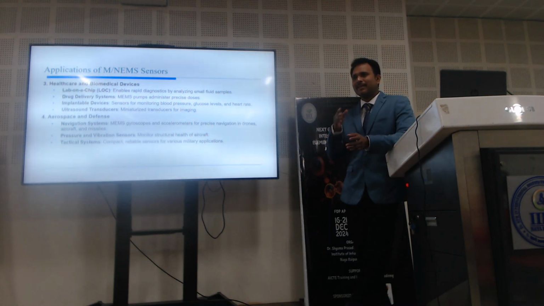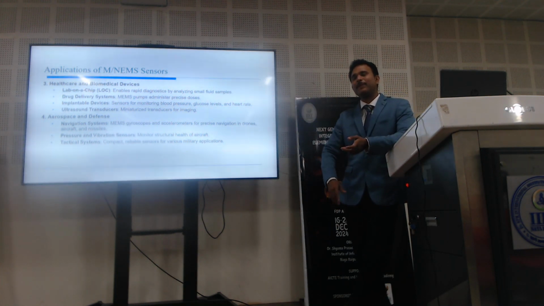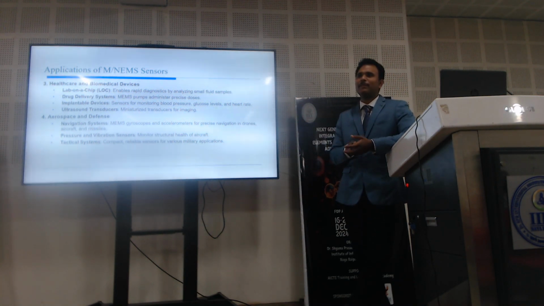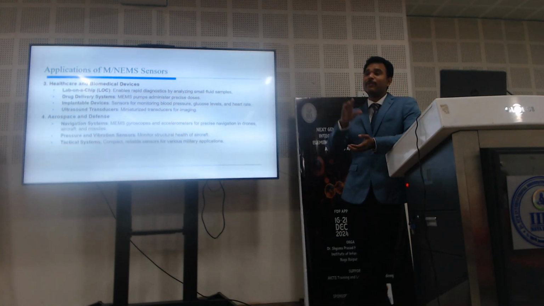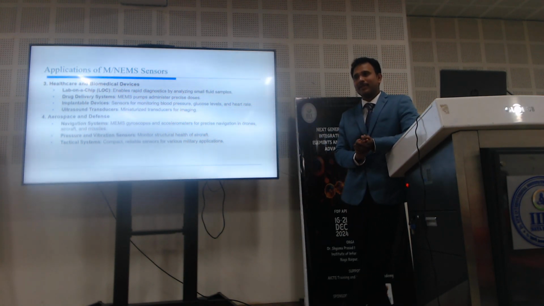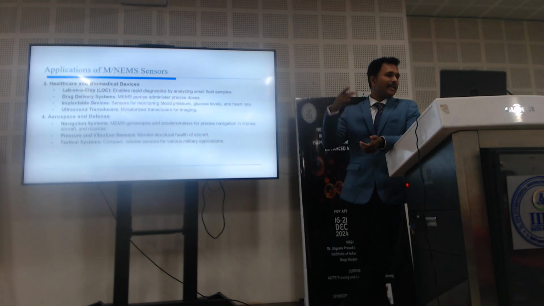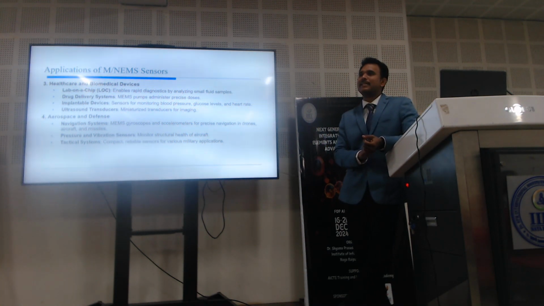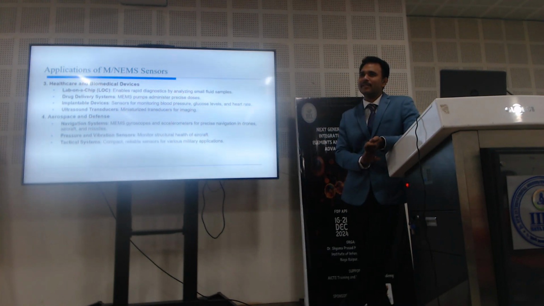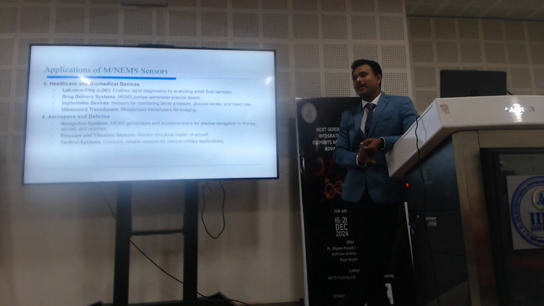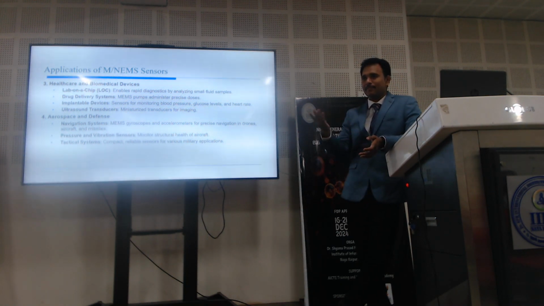But nowadays that has also been upgraded: if we insert one device in our arm, it automatically detects and automatically gives data to our mobile. So likewise the upgradation is happening. And ultrasound transducers, whatever scanning we are doing, all come under MEMS only. So these are very good application areas of MEMS or NEMS devices.